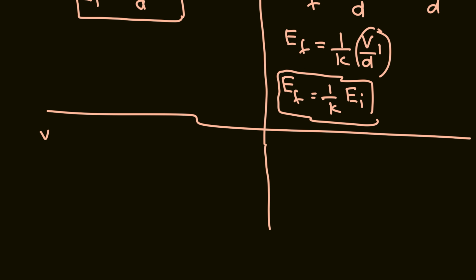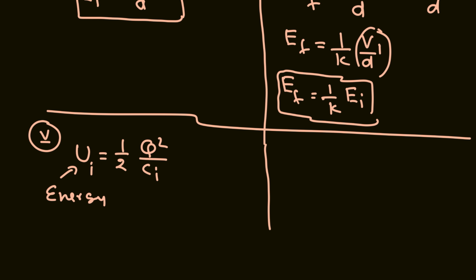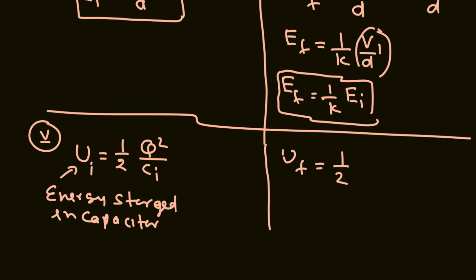Now I am going to explain the fifth part: the energy stored in the capacitor. Initial energy stored is U equals half CV squared, or half Q squared by C initial. For the final, we get half Q squared with the same Q, because this is an isolated charged capacitor, so Q is constant.